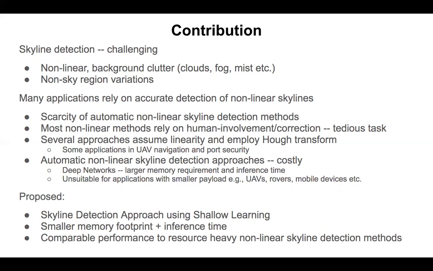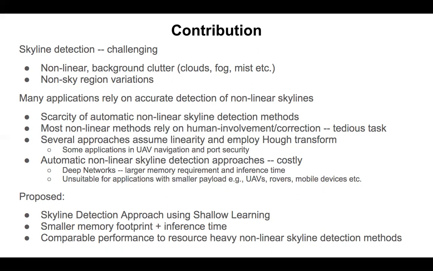Another issue with earlier skyline detection methods is that they are mostly very costly. They are both memory and compute hungry. Based on that, they are not very suitable for applications which have relatively smaller payloads, for example mobile devices, rovers, and UAVs, where the battery, memory, and compute are not like a desktop PC.